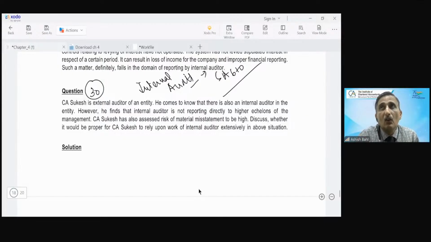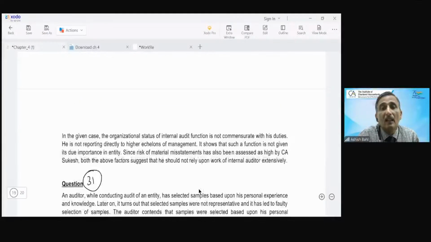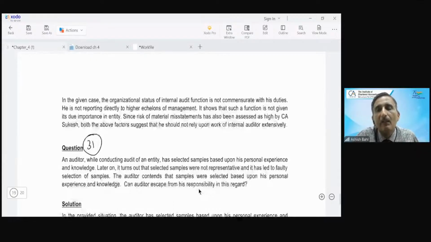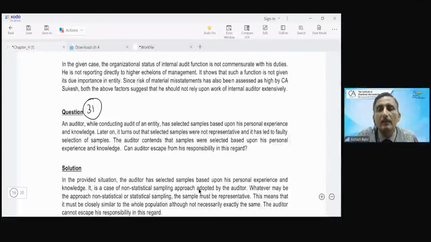He may not be reporting objectively, and due importance is not given to the internal audit function by the entity. So in such a case, it would not be proper for CA Sukesh to rely upon the work of the internal auditor.